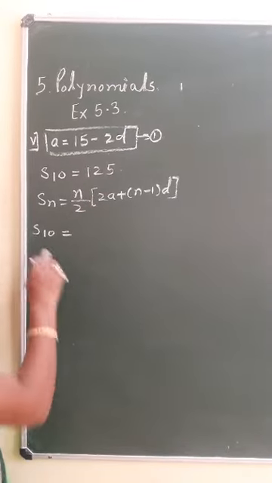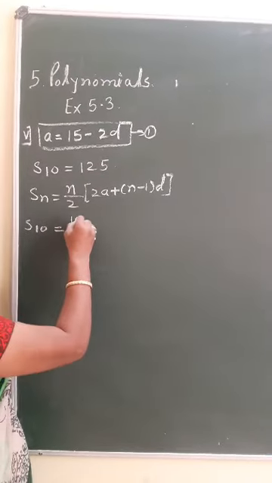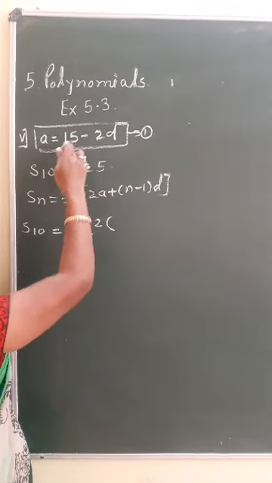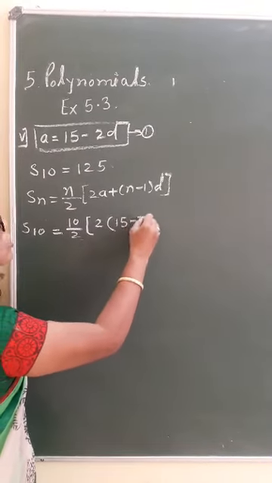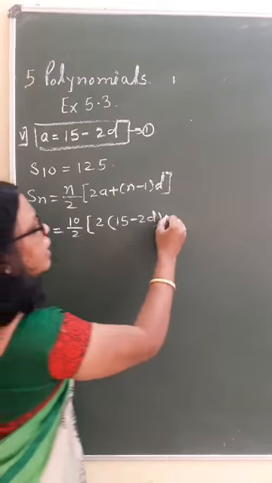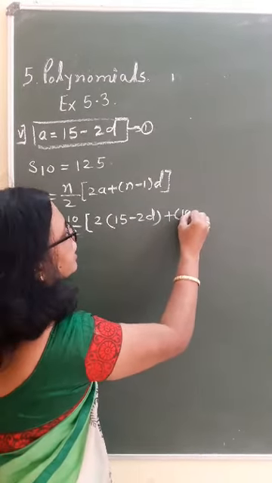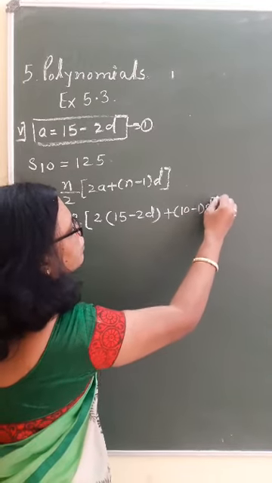S10 means 10 by 2. The value of A is what we formed, 15 minus 2D, and we call this equation 1. And S10 they had given as 125. Here the value of n is 10, 10 minus 1, and the D value we don't know.